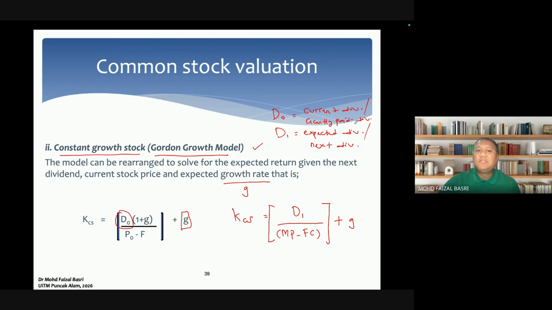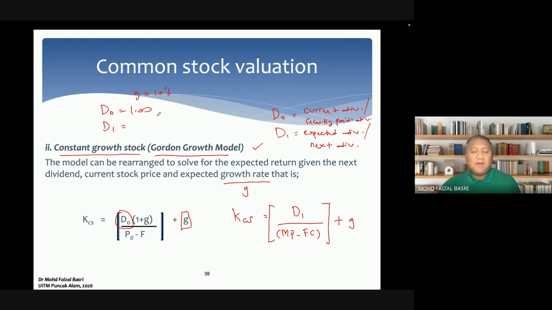And remember the concept of Gordon growth ni tadi, dividen kita akan bertambah setiap tahun. So meaning, if your D0 is RM1, contoh, and you expect the growth rate is 10%, again, example, so your D1 akan bergerak lebih daripada tahun sebelumnya.